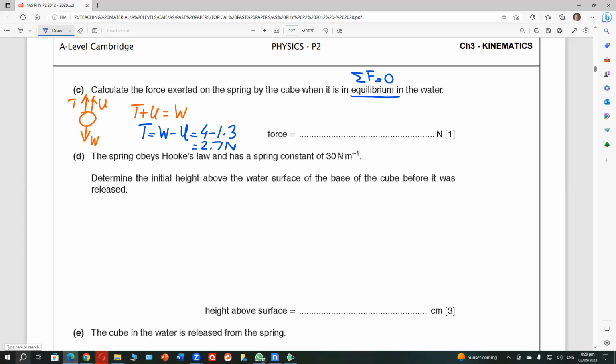The spring obeys Hooke's law and has a spring constant in Newton per meter.